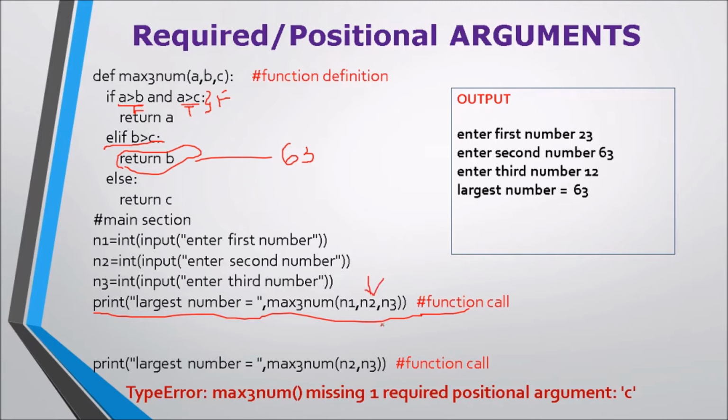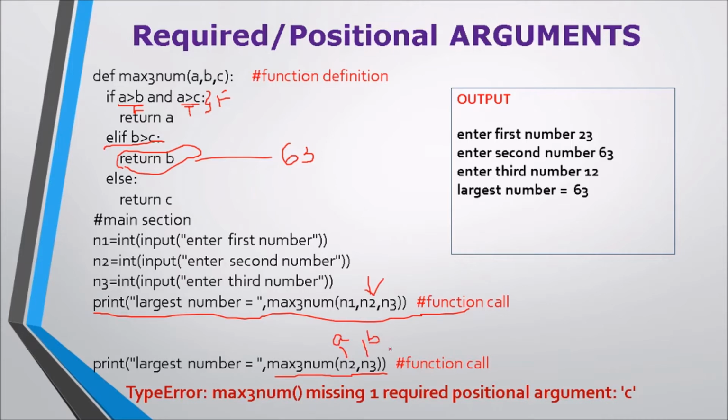But what happens if we call the same function max3num with two arguments? The number of required arguments does not match. So what will happen? The value n2 will go to A and the value n3 will go to B. But what about C?